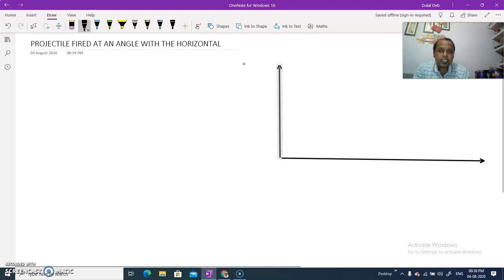Now the projectile is fired at an angle with the horizontal. That means the projectile is fired from this place at an angle with the horizontal. Let this angle be theta, and the initial speed is u. So it will reach a particular height and then it will again come down.